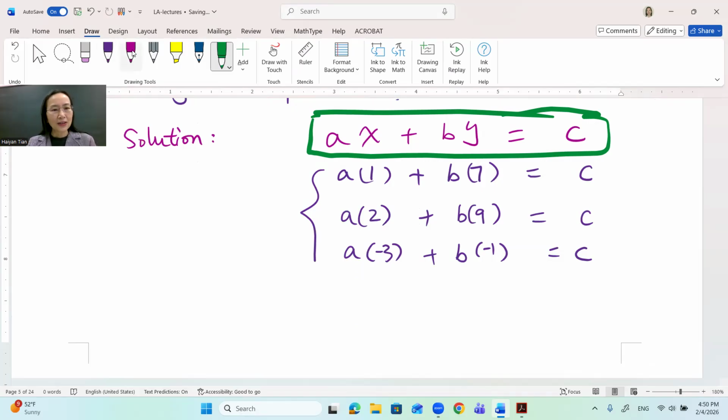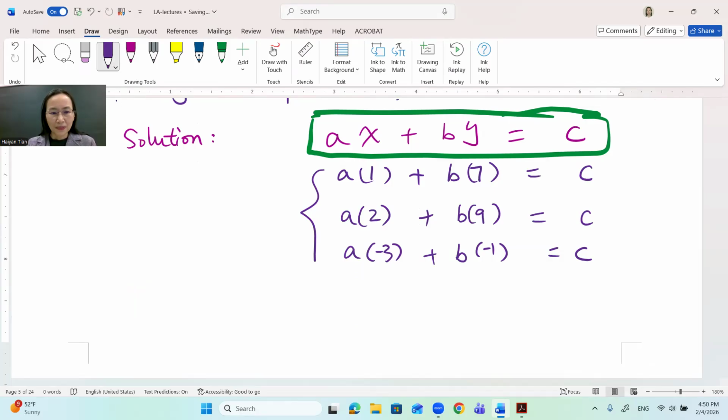So let's solve it using an augmented matrix. Because a, b, c are the unknown variables in the system, we want to write the system in standard form.